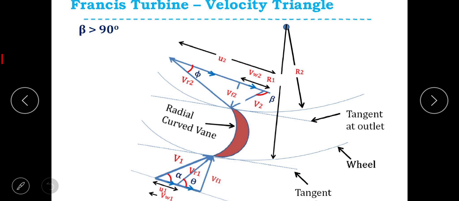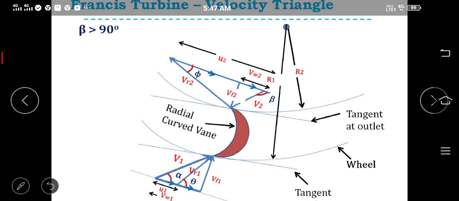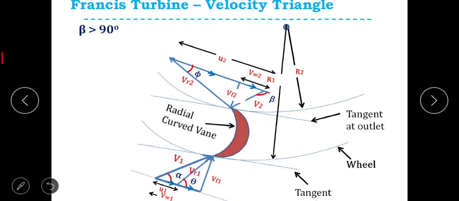R1, R2, radius. Now in this velocity triangle, V1 is the absolute velocity, Vf1 is the velocity of flow, Vw1 is the whirl velocity, Vr1 is the relative velocity.